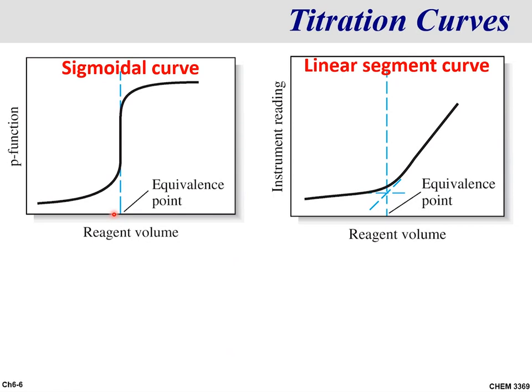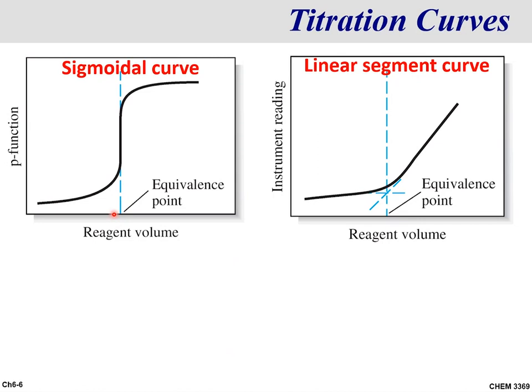And the second type of curve is called a linear segment curve. In this case we usually use some kind of instrumental detection of the endpoint, but we do not perform the measurements in the vicinity of the equivalence point.